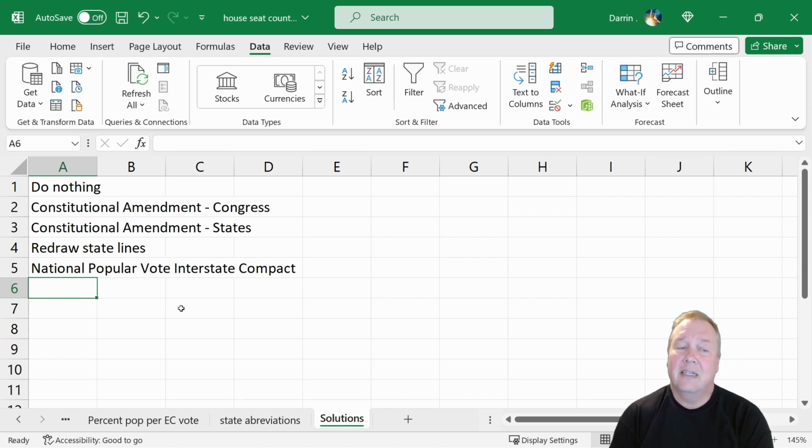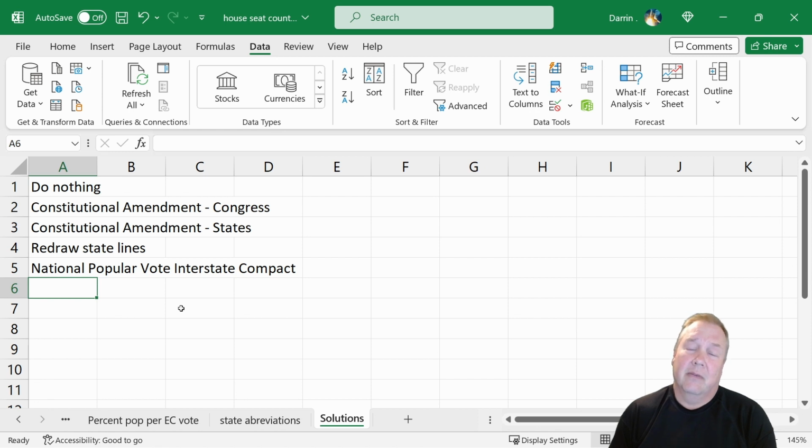So let's look at the second option here, the constitutional amendment, with Congress initiating it. Can you imagine the current or any recent US Congress passing anything with a two-thirds majority in both the House and Senate? I can't imagine that happening, to tell you the truth.